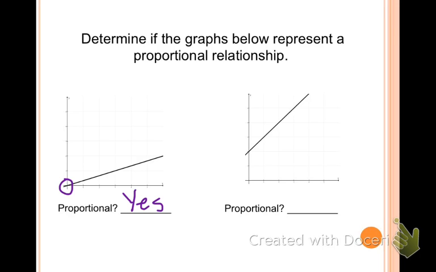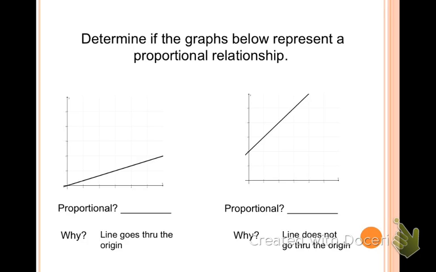The second one is a straight line, but it completely misses going through the origin. Therefore, I would say it's not a proportional relationship. The reason why: in the first one we said yes because it goes through the origin. The second one we said no because it does not go through the origin.